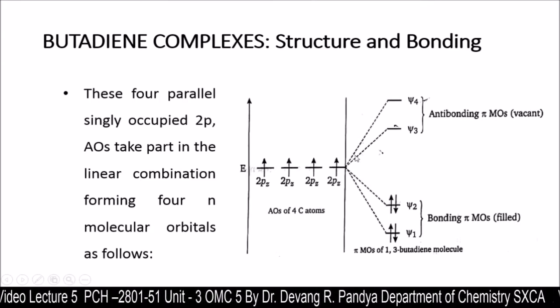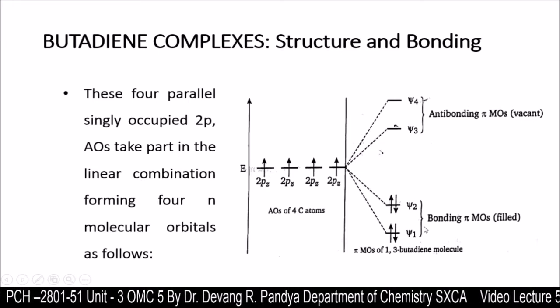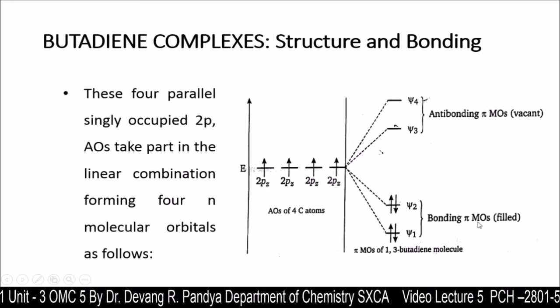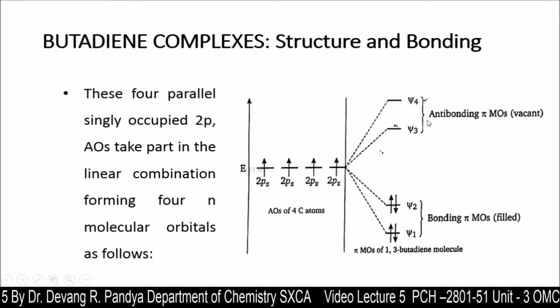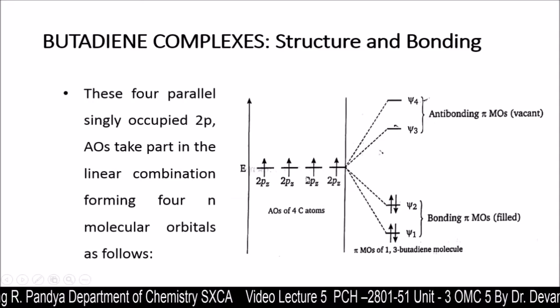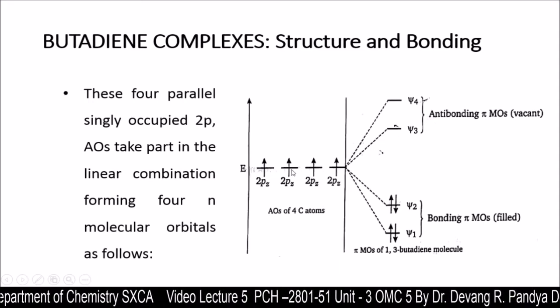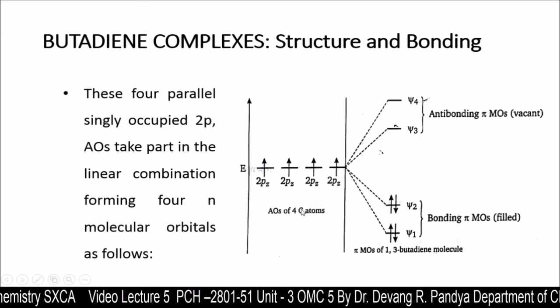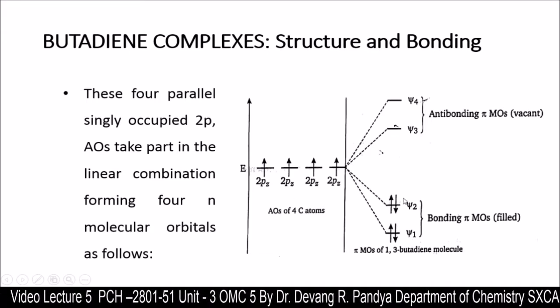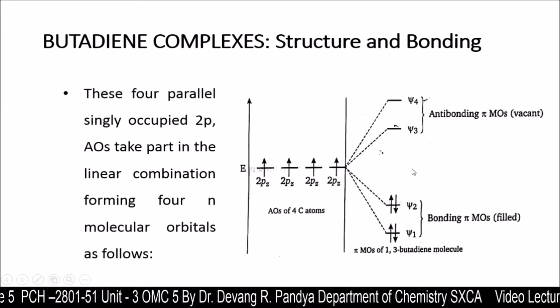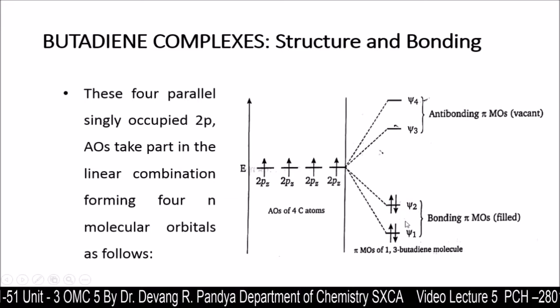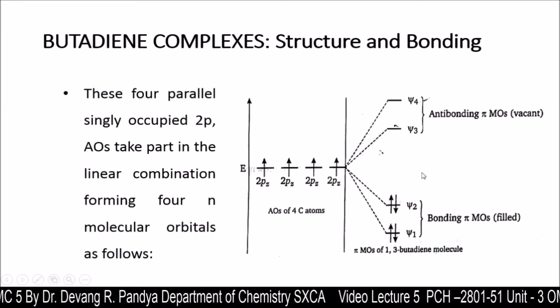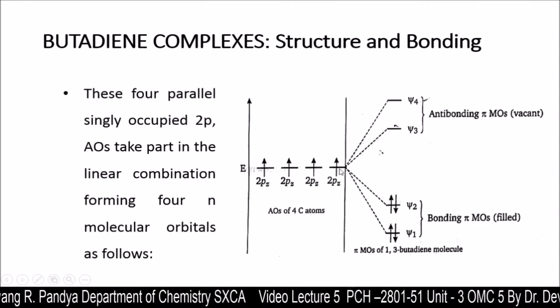So you can see the pi formations. These are the two bonding pi molecular orbitals, and these are the anti-bonding pi molecular orbitals. All these four perpendicular unpaired electrons, one from each carbon, are going to form these 4 pi molecular orbitals. Out of these 4, 2 are bonding pi MOs and 2 are anti-bonding pi MOs.